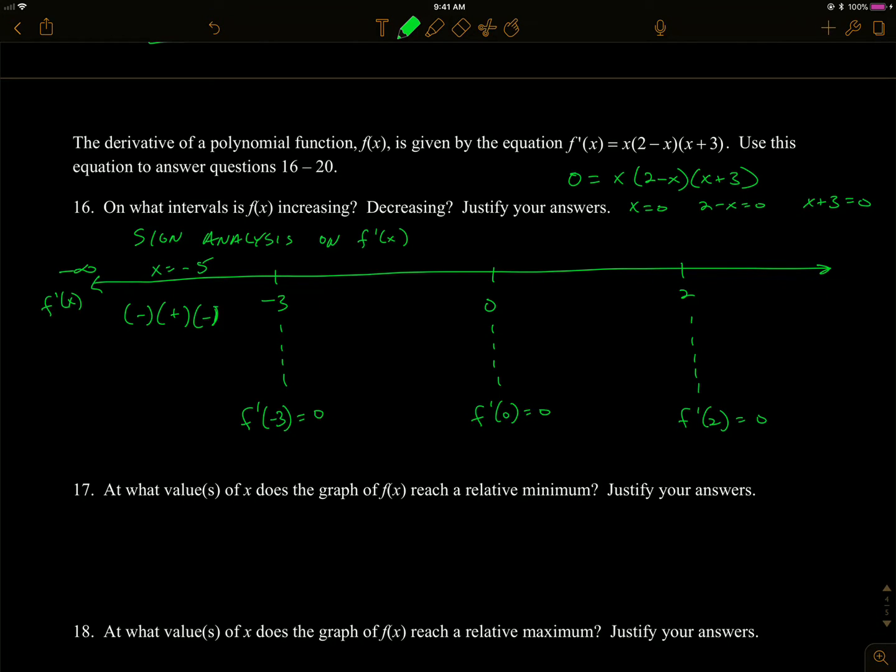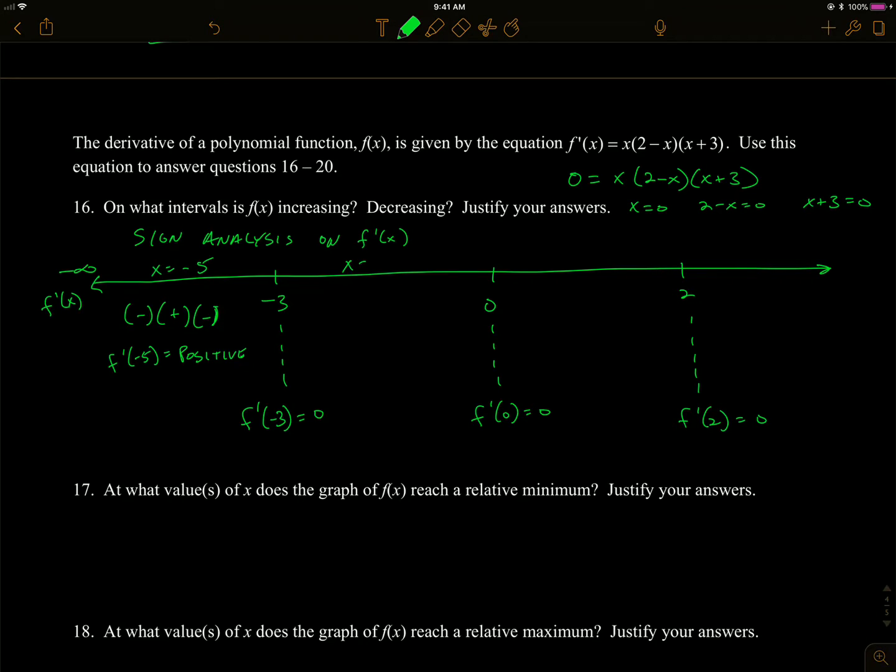So a negative times a positive times a negative is going to be a positive. So I know that the derivative at negative 5 is positive. That tells me a lot about f. It'll tell me when f is increasing, when f is decreasing, which is what I'm looking for.